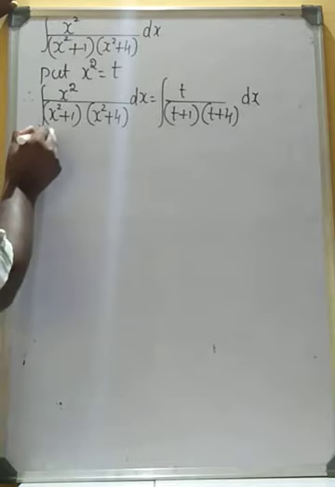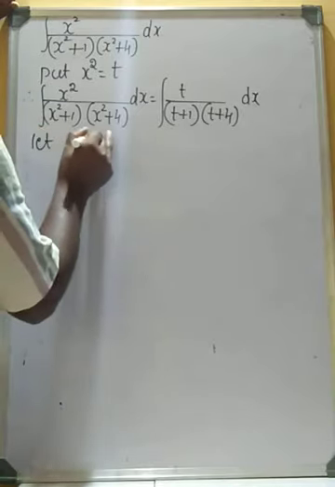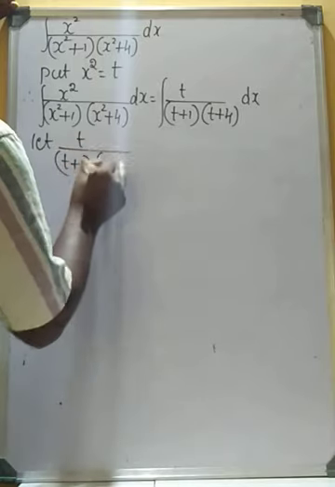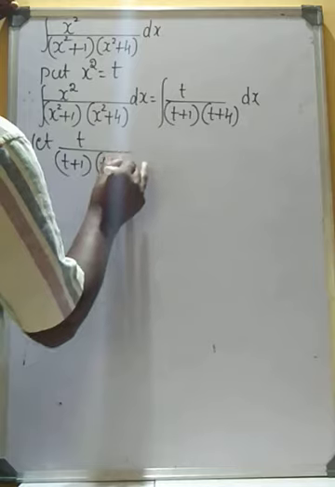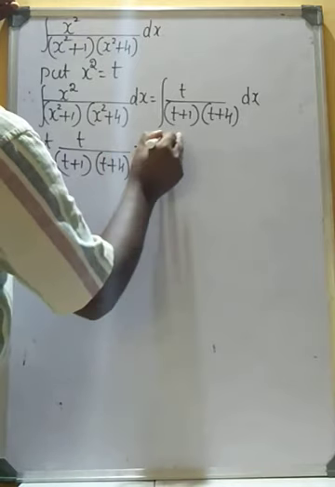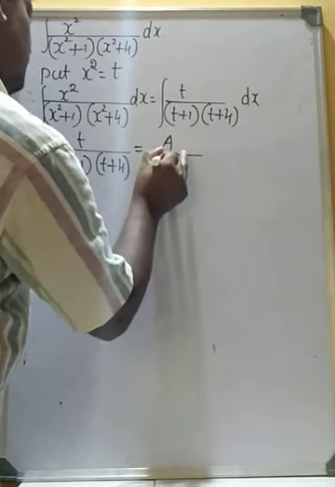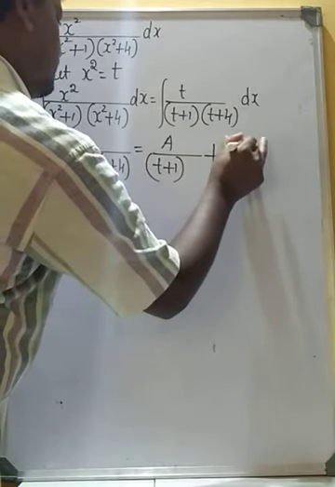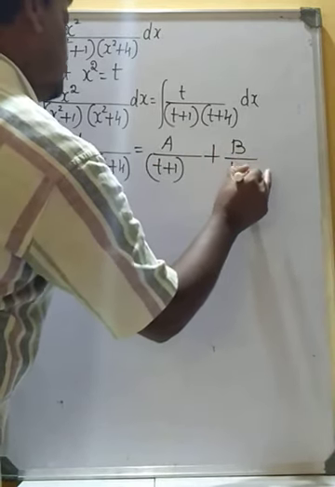So let t by (t plus 1) into (t plus 4) equals a by t plus 1 plus b by t plus 4.